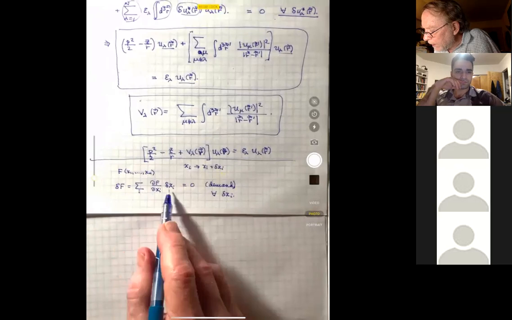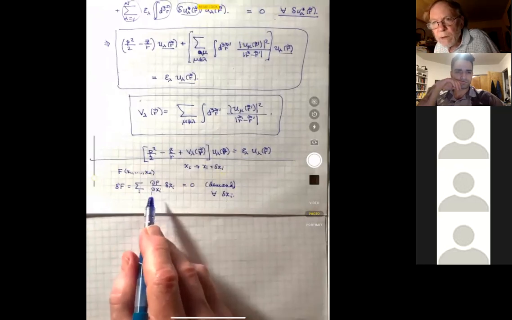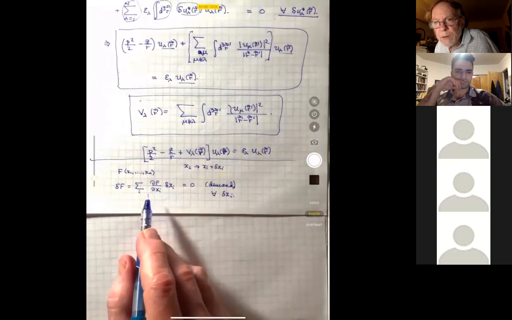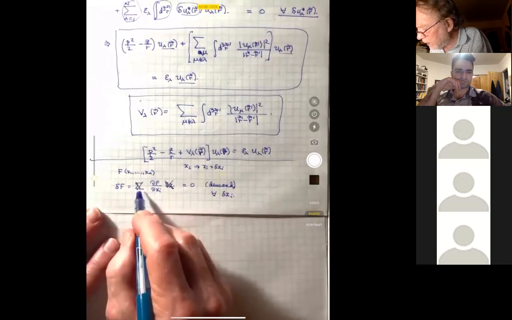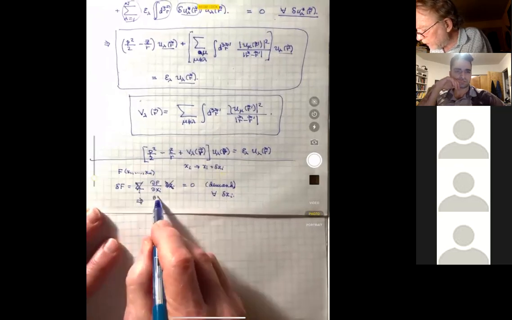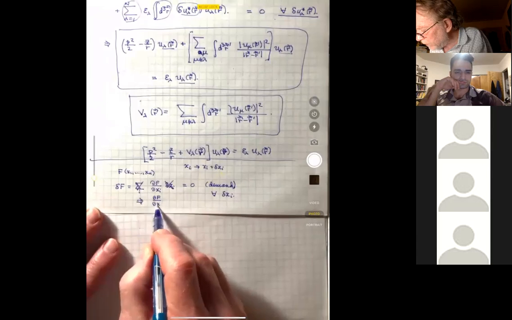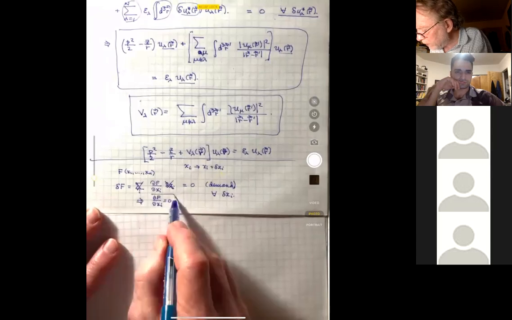And then setting that one delta xi being non-zero, we'd get that the corresponding derivative is equal to 0. So as a simple rule, to get the condition we want, we cancel the variation and we cancel the sum. And the result is we get the partial of f with respect to xi is equal to 0, which of course would be the usual condition for finding a minimum.